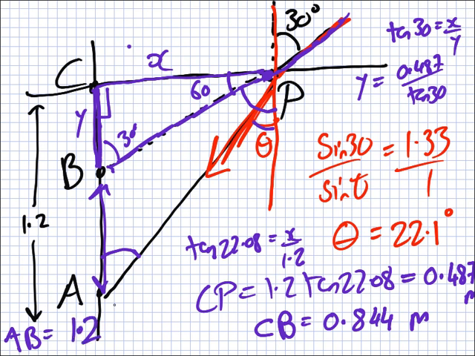So what do you get for AB? 0.356. Sorry, very messy question. The scale is horrible. Did you get it okay in the end?